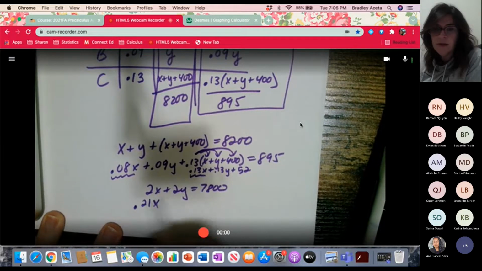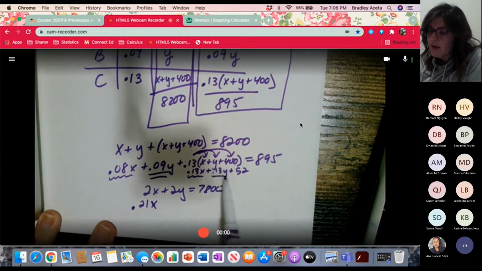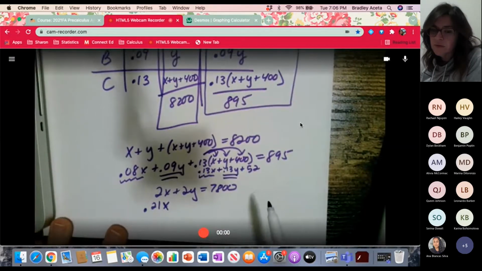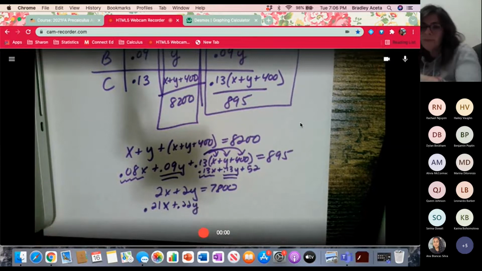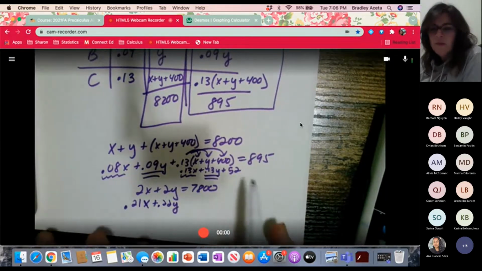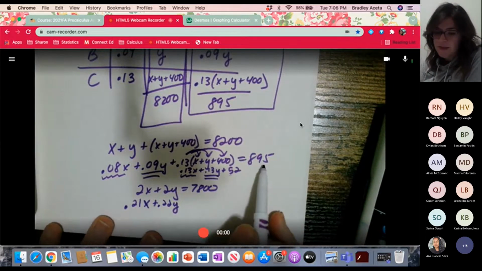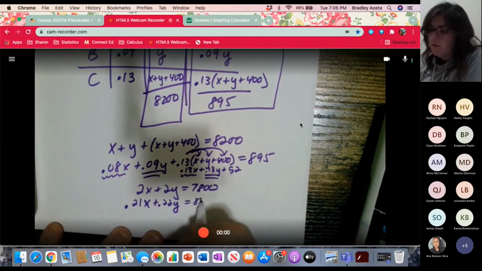Notice how I'm writing it in an order. And then 0.09y and 0.13y is 0.22y. And then take that 52 and minus it from 895. 895 minus 52 is 843.